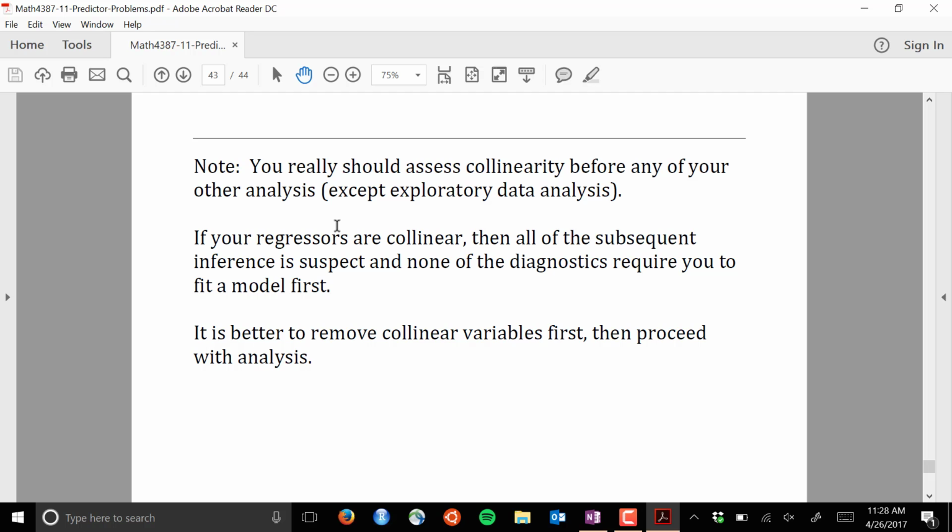And so a lot of you might remove several regressors before you even begin the real model selection process, which actually makes the model selection process easier. So after you do exploratory data analysis, you want to check for collinearity.